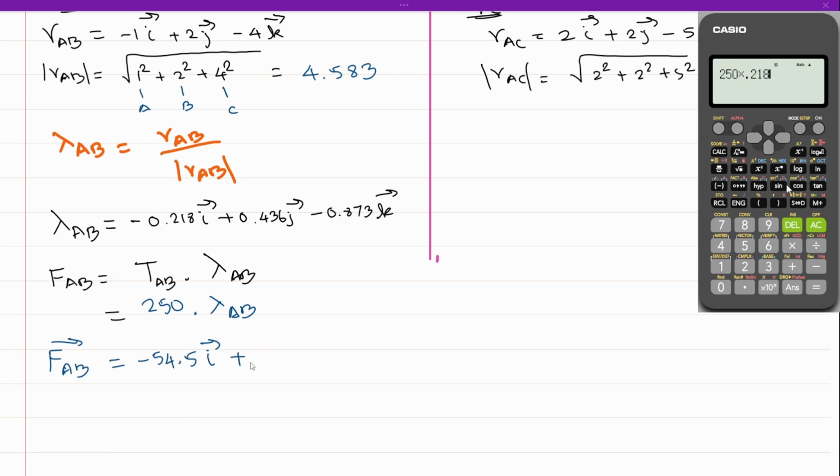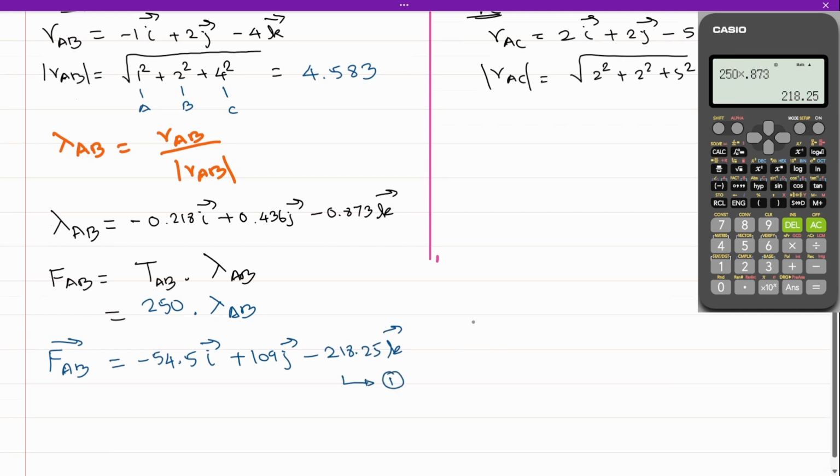Plus, changing only this, 250 into 0.436 gives 109 J vector. Again, 250 into 0.873 gives 218.25, so minus 218.25 K vector. We'll call this equation number 1.